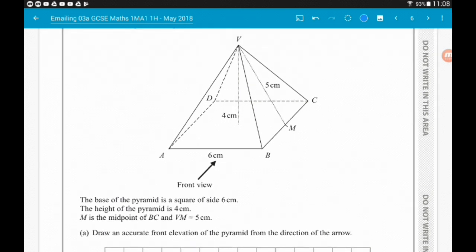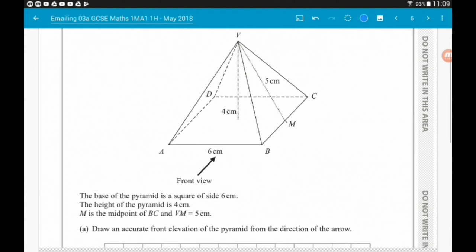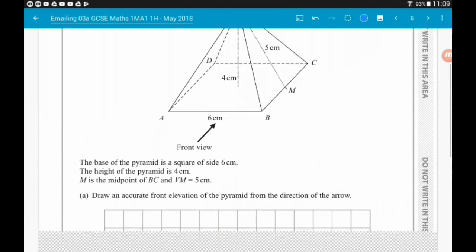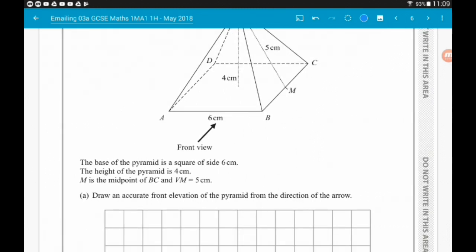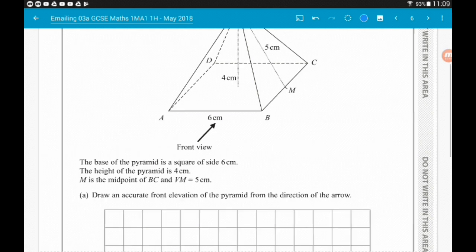So that's telling us basically the height of one of these triangles. It's the slant height though, not the perpendicular height of the pyramid. That is 4.